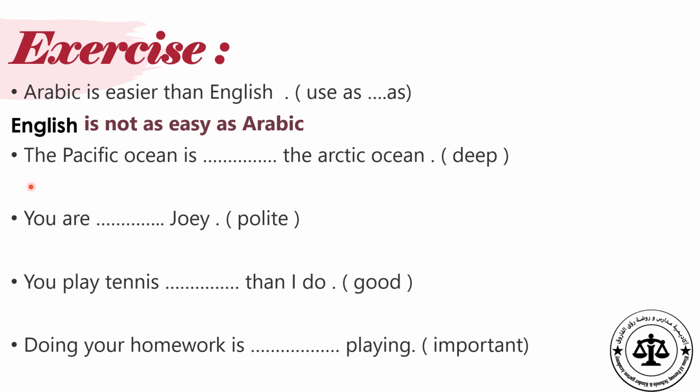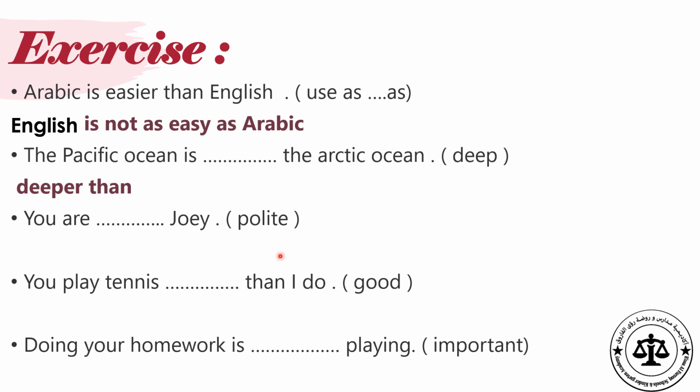Number 2, the Pacific Ocean is what the Arctic Ocean, deep. Deep is, excellent, a short adjective, so we add er. The Pacific Ocean is deeper than the Arctic Ocean. Number 3, you are what?